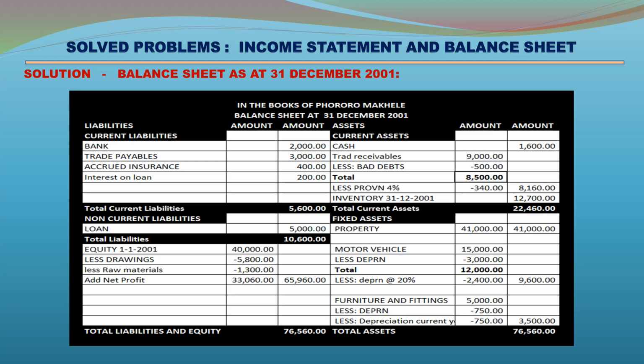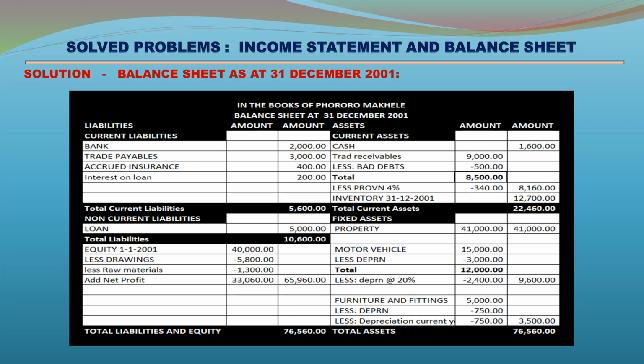On the asset side, fixed assets, property 41,000, motor vehicle 15,000, less depreciation up to last year 3,000, total 12,000, depreciation at 20% on diminishing value 2,400, net motor vehicle 9,600, furniture and fittings 5,000, depreciation up to last year 750, depreciation current year minus 750, net furniture and fittings 3,500, total fixed assets 76,560 including current assets.